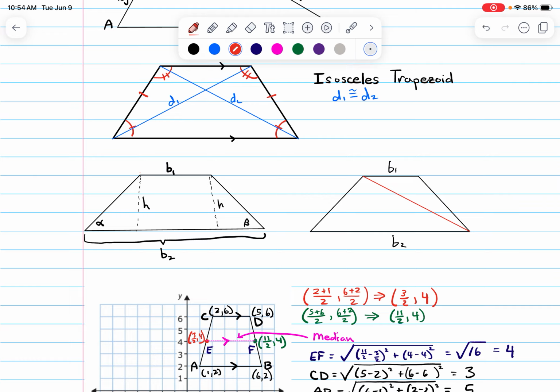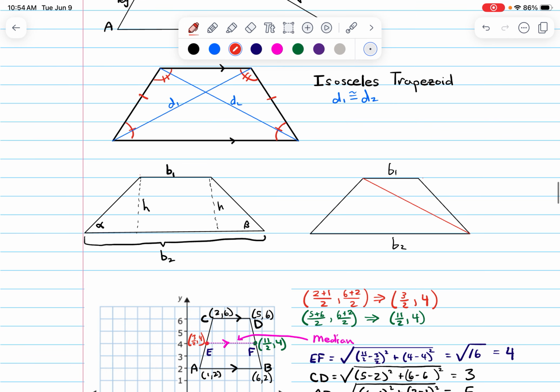Now, every triangle has an area of 1/2 base times the height. So let me extend this base over here and look at the height. There's the height, and let me put another height over here. These are both the same.